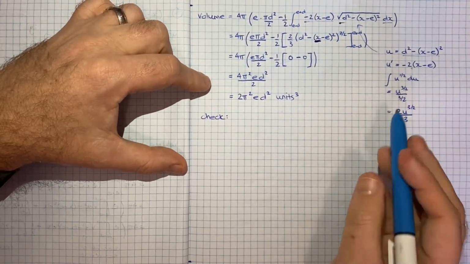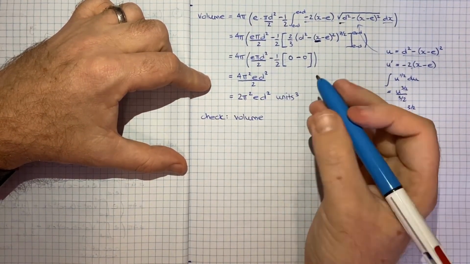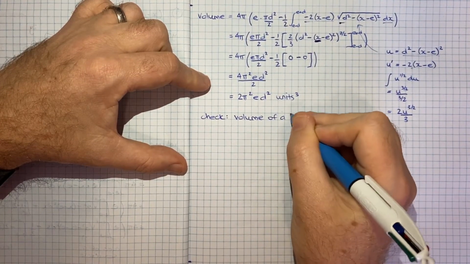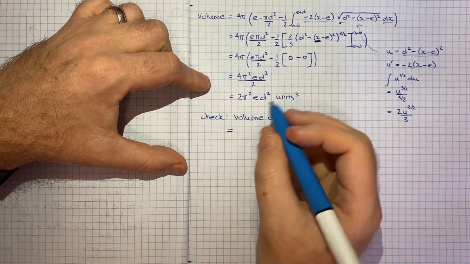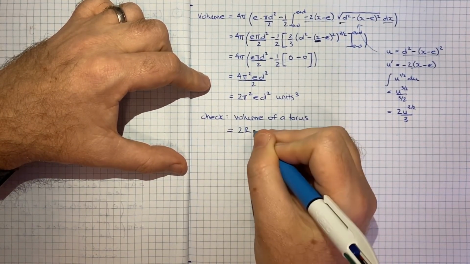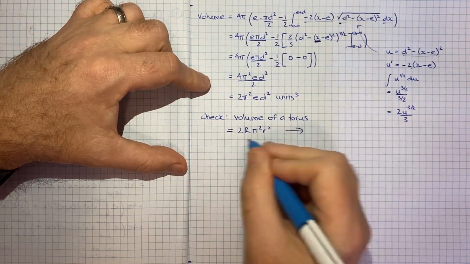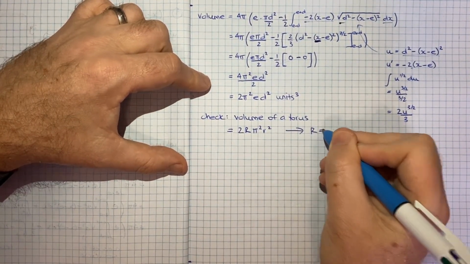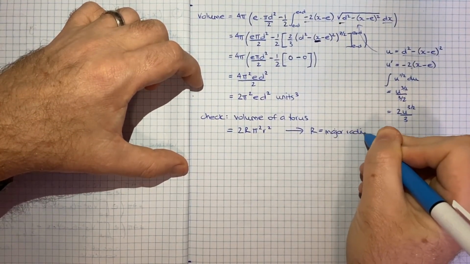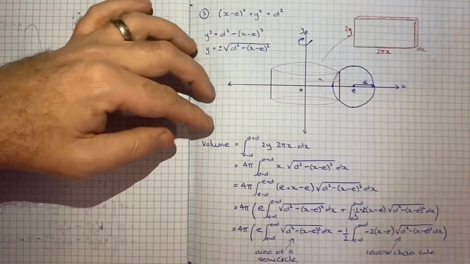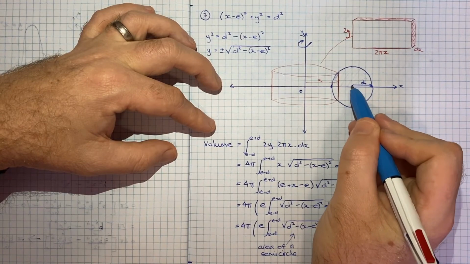And the check here is, we know that the volume of a torus in general, I mean you might not know this, but if you did, the formula for the volume of a torus you can write as 2R pi squared r squared, where in this format, capital R is what's called the major radius, and that's basically the distance from the origin to the center of the circle.